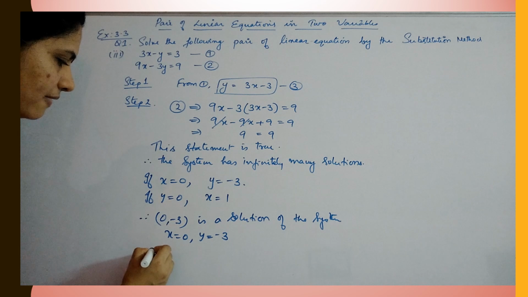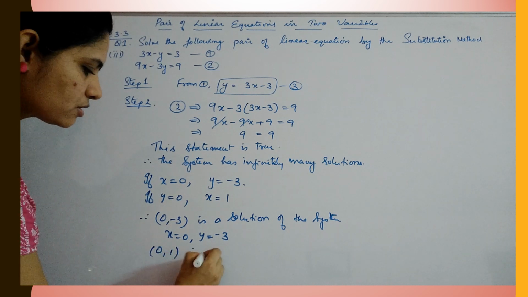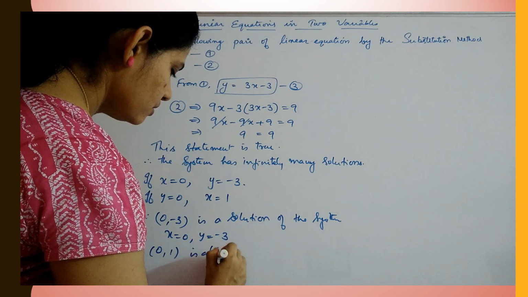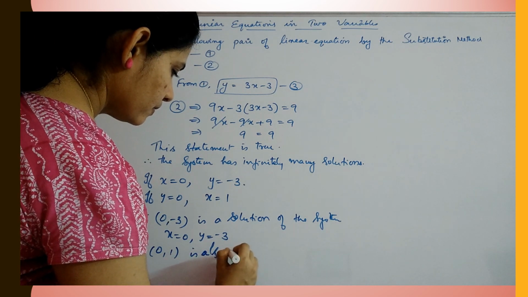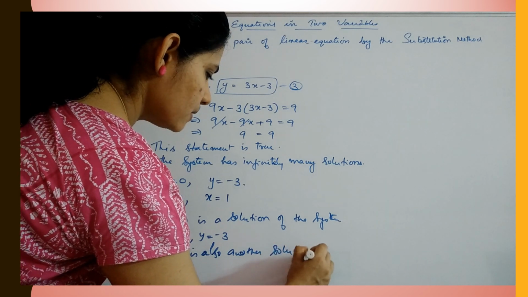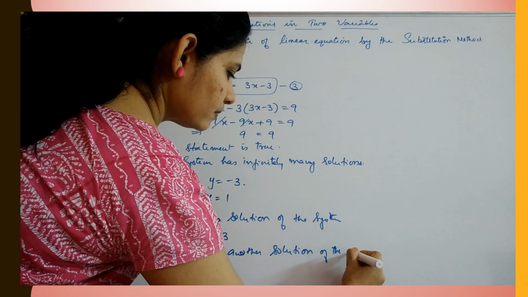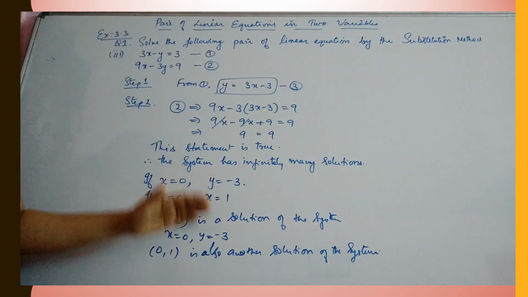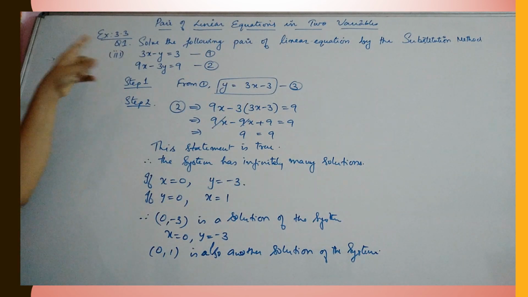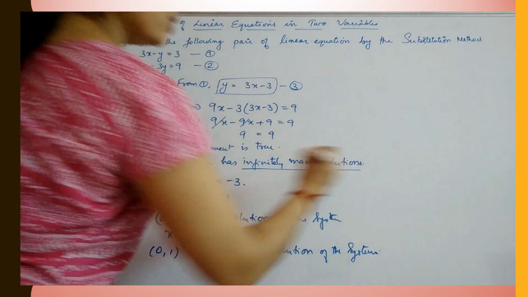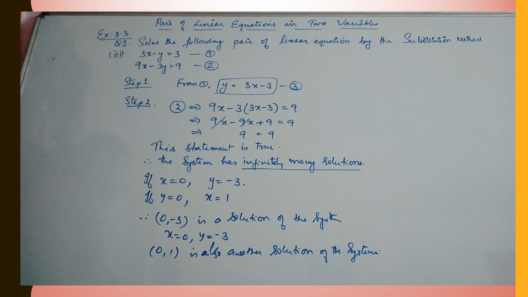And also you have 1 comma 0 as another solution of the same system. Likewise you can find many solutions for the same system. That's why we say that it has infinitely many solutions. Okay, understood?